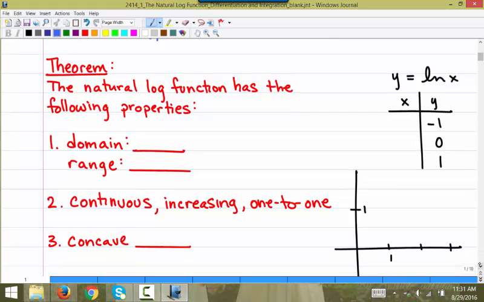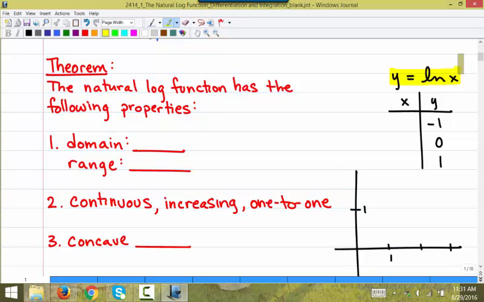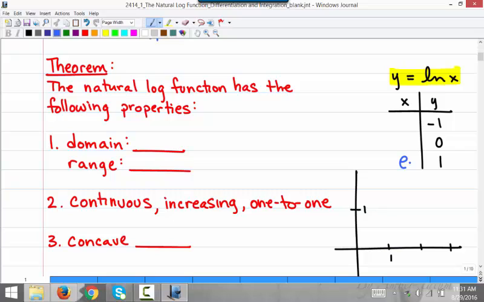The natural log function has the following properties. Okay, y equals ln of x. Your three favorite y values are -1, 0, and 1. What are the x values that correspond to those three favorite y values? Ln of e is 1, right?